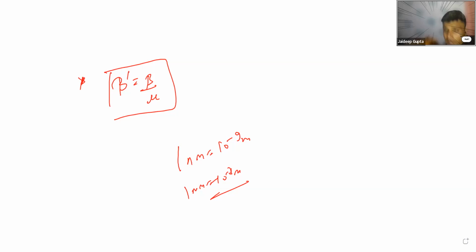In a two-slit experiment with monochromatic light, fringes are obtained on a screen placed at some distance, capital D, from the slits.